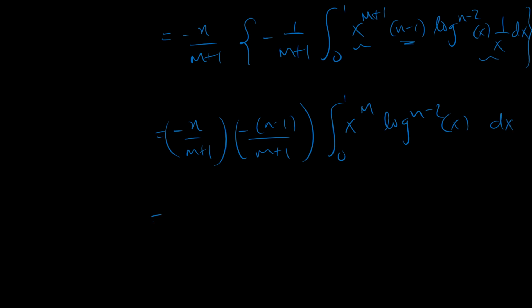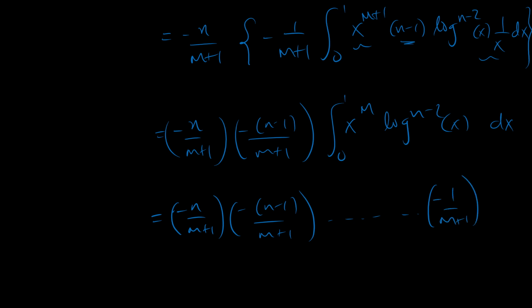And we see that this continues all the way until we have negative 1 over m plus 1, 0 to 1, x to the power m, and log to the power 0 would be 1.